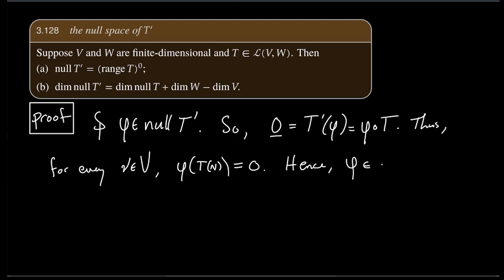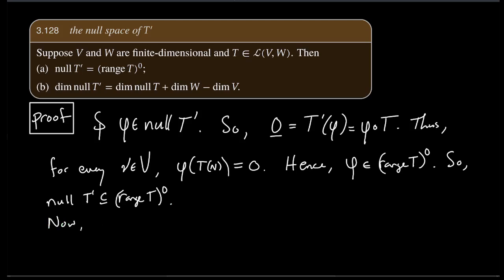Wait, that means that it's in the annihilator of the range of T. It kills all the stuff that's in the range of T. That is all of the Tv's for any v in V. Okay, very cool. So the null space of T prime is contained in the range of T's annihilator.